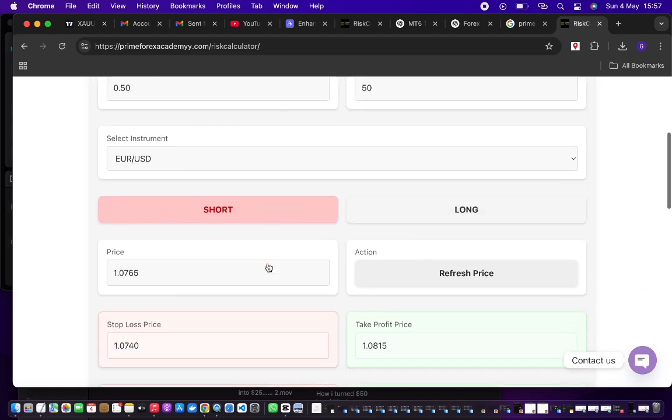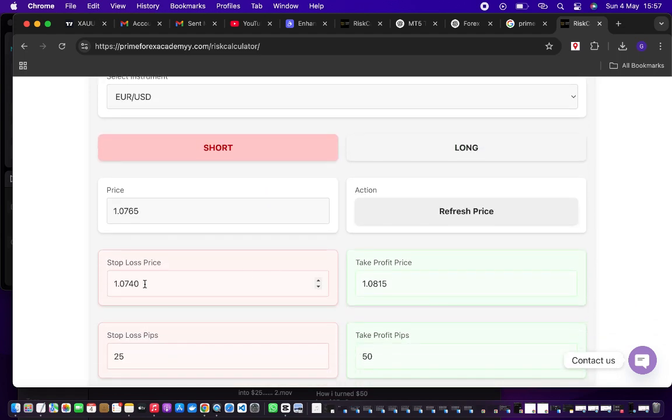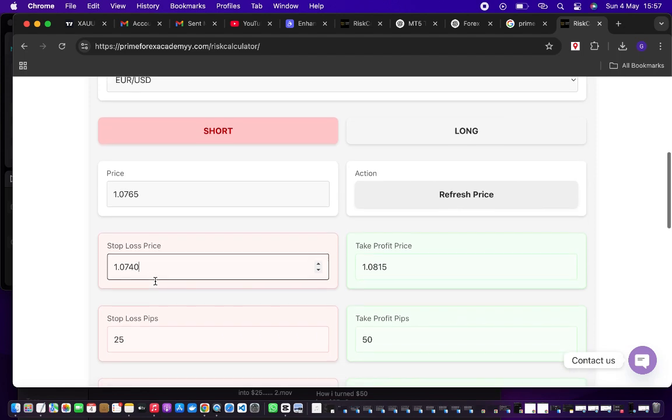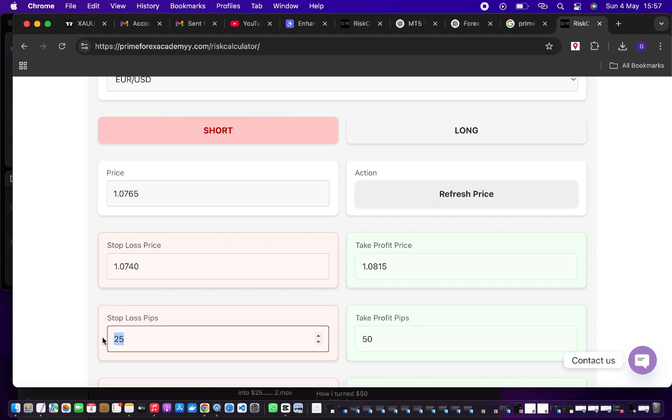So to calculate pips, for instance, my current market value for Euro USD is 1.0740, and I want to know the amount of pips or the new market value if I am going to be working with a 20 pips stop loss. So I set 20 here, and the calculator automatically calculates the new market value for 20 pips.